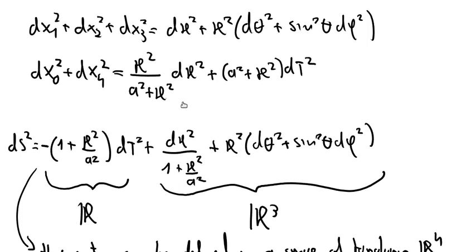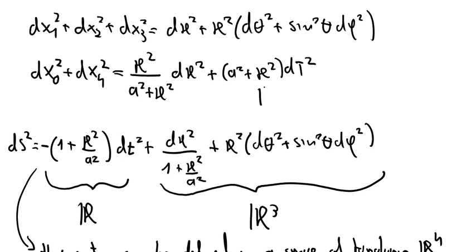Sorry, I just noticed there's a typo here, because this capital T is not capital T, it is small t, where small t is related to capital T by means of our rescaling.